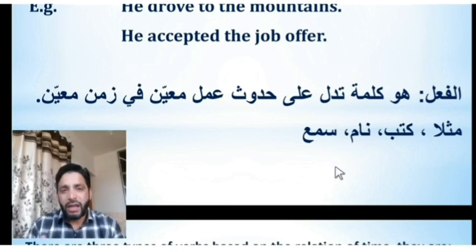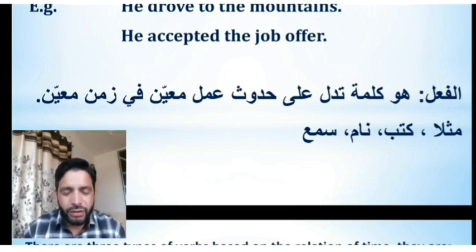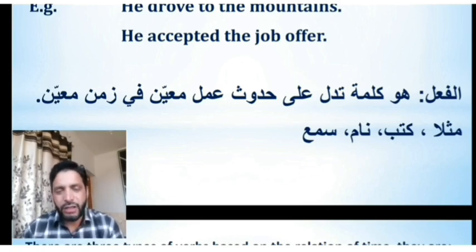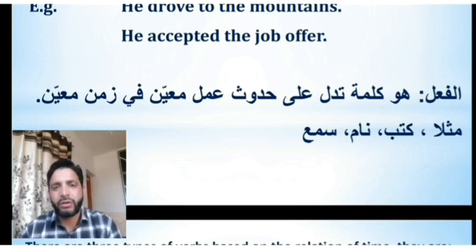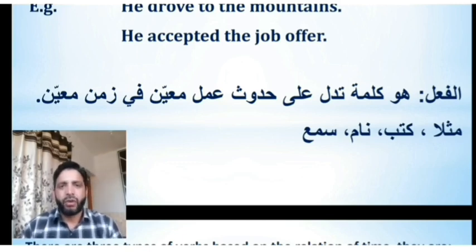All 3 examples represent past, but we can convert them into future as well: yaktubu, yanamu, yasma'u. All such words, whether they represent past, present, or future, are af'al, verbs. So in Arabic, the definition is almost the same as in English.